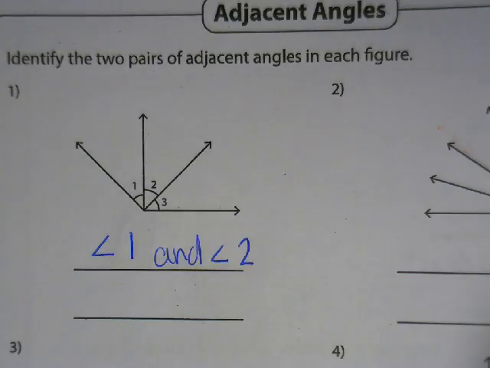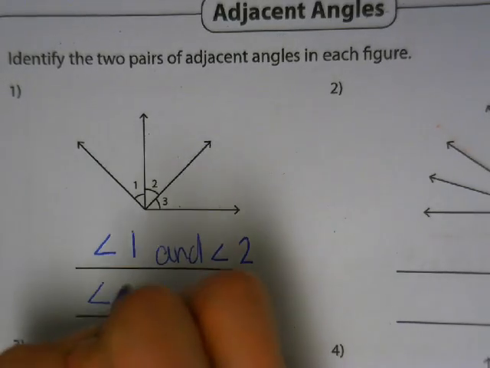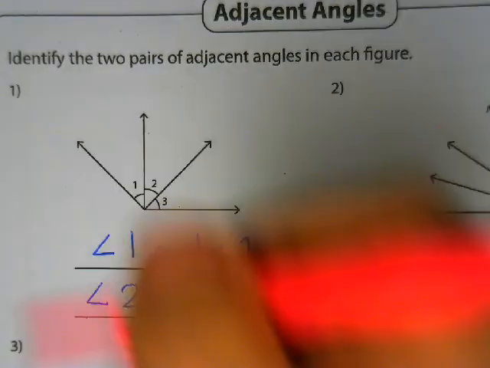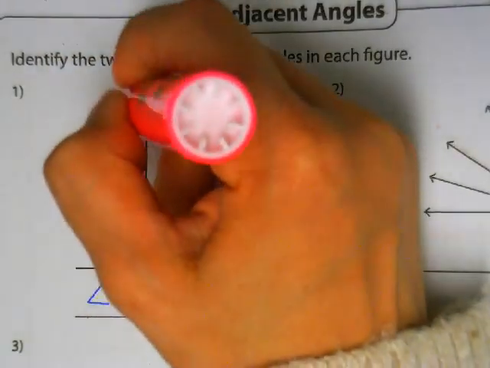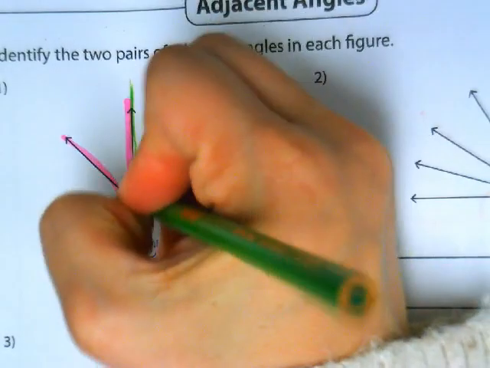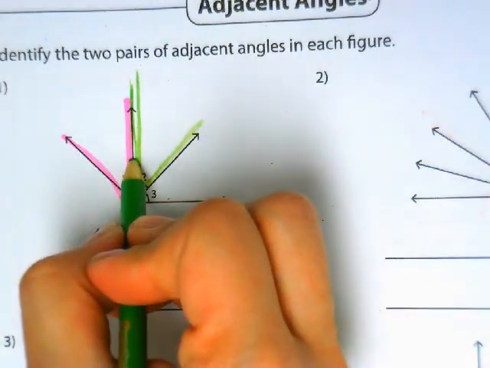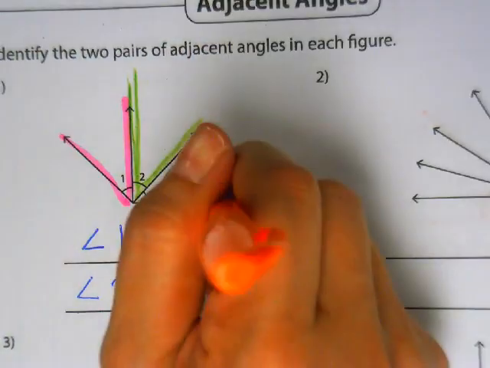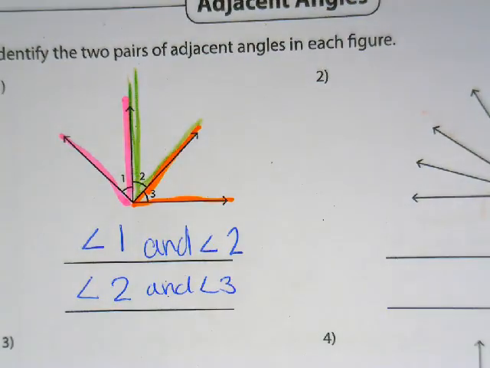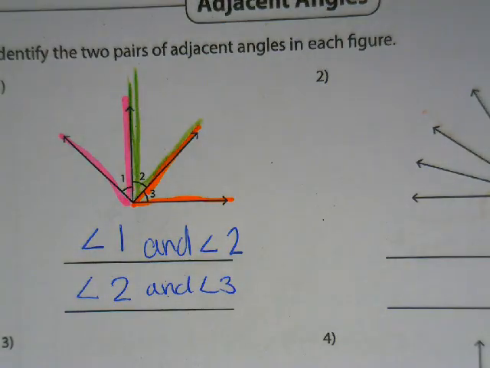Angle 2 and angle 3. 1 with 2, right? They both share this line. And then 3 with 2, right? 1 and 3 don't touch. So you're going to name 2 pairs that are adjacent. There might be more than 2.